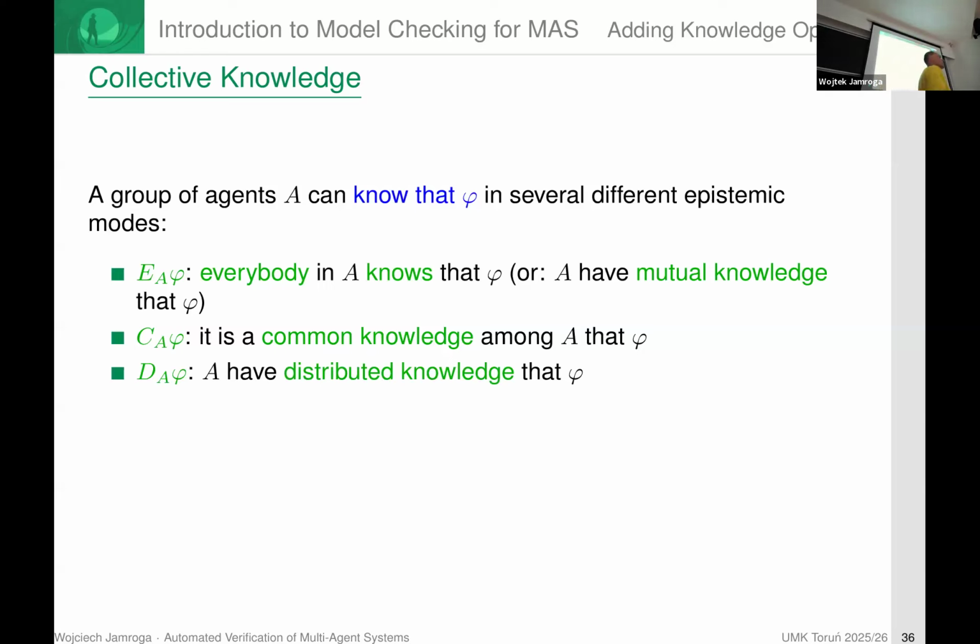Everybody knows means each of them individually knows that phi is the case. Distributed knowledge means if they pool their information together, they could realize that phi is the case. And common knowledge means each of them knows that phi, and each of them knows that the others know that phi, and each of them knows that they know, and so on, ad infinitum.